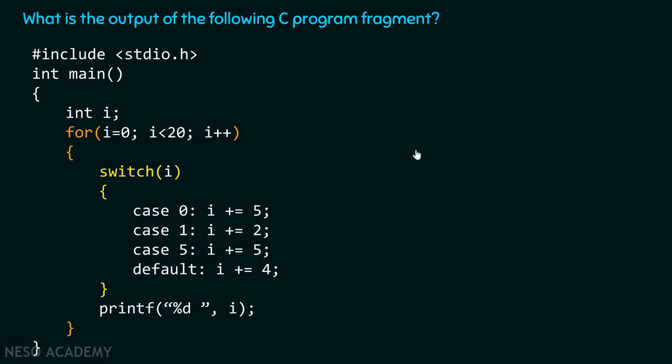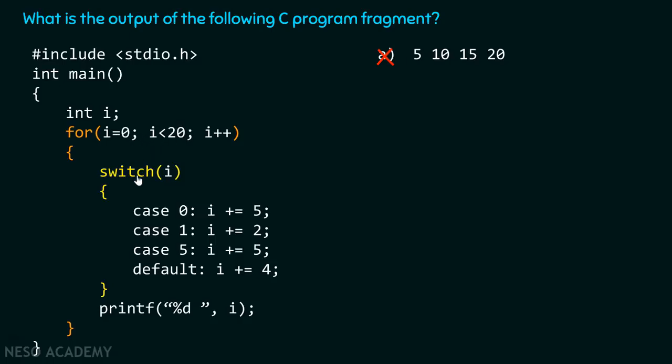You might think the output is A 5, 10, 15, 20. But let me tell you, my dear friends, this is not the correct answer. Not at all. There is one point that you might miss in this particular question, due to which you will produce this particular output. It may be possible that you're thinking this way, that after initializing the value of I with 0, we are simply checking the condition 0 is less than 20. As 0 is less than 20, this is satisfied.